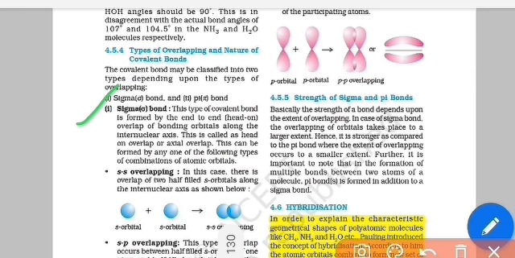Sigma bond is formed when two atomic orbitals overlap and the overlapping area lies on the internuclear axis. It is also called head-on overlapping.